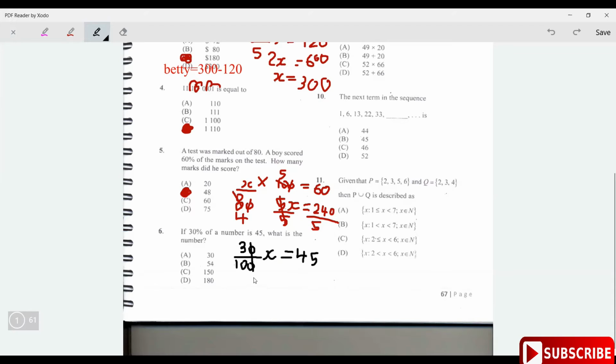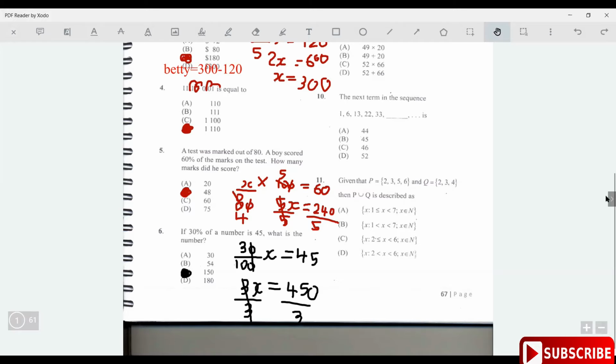We cross multiply the 10 to get 3x is equal to 45 times 10. 45 times 10 is 450. We then divide both sides by 3, and 450 divided by 3 is 150. So question 6 is 150. Easy question. Soft. So far, so good.